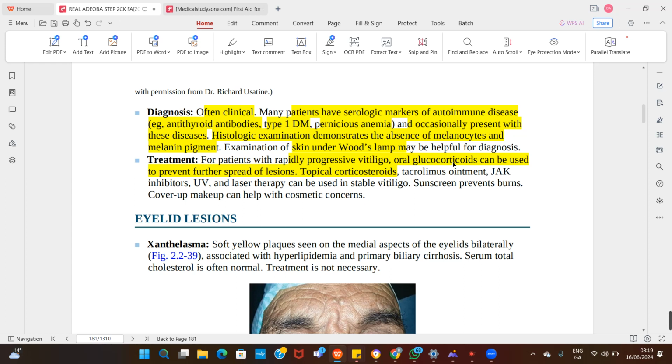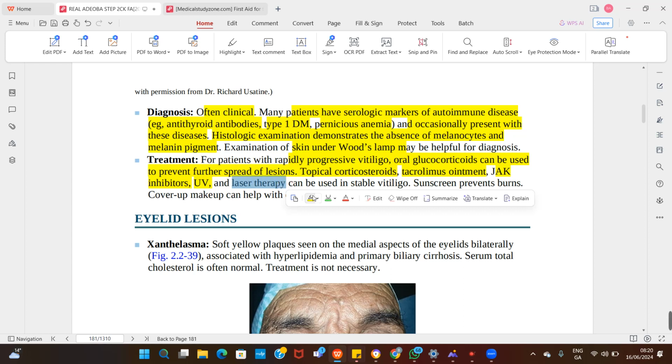If oral steroid does not work, you can give topical calcineurin inhibitors, right? Like tacrolimus ointment. You can use JAK inhibitors like baricitinib. You can give phototherapy, UV light exposure, and laser therapy.